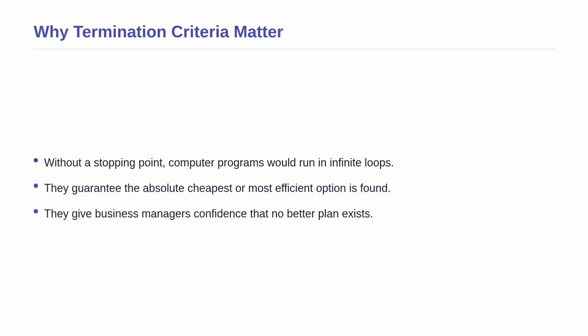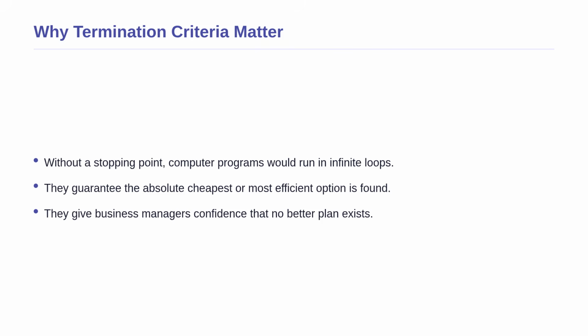This visual stop sign leads us to an important question. Why does this termination rule matter so much in the real world? Without a clear mathematical stopping point, computer programs solving these complex problems would run forever in infinite loops, wasting massive amounts of time and computing power.